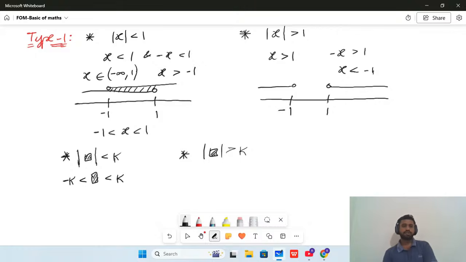So how to solve this type of inequalities? Modulus of any expression less than k, and modulus of any expression greater than k.